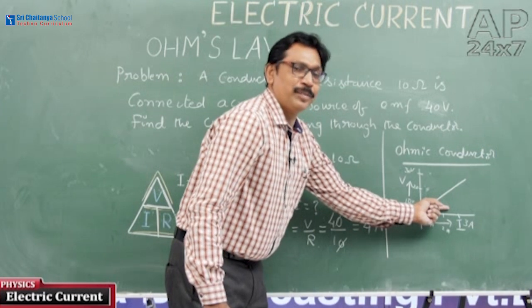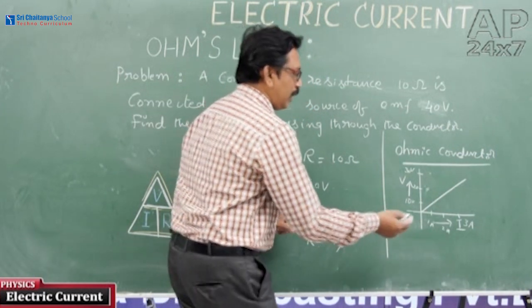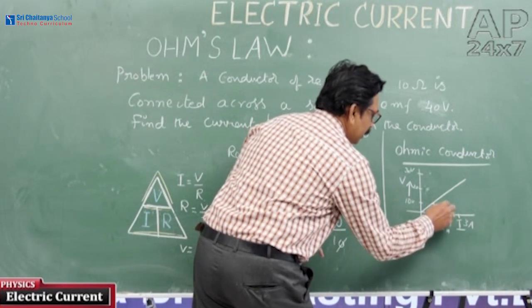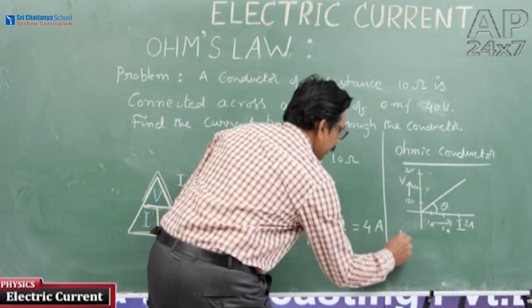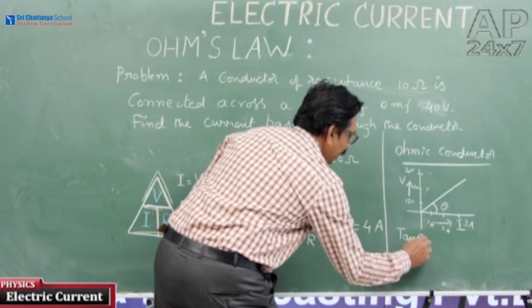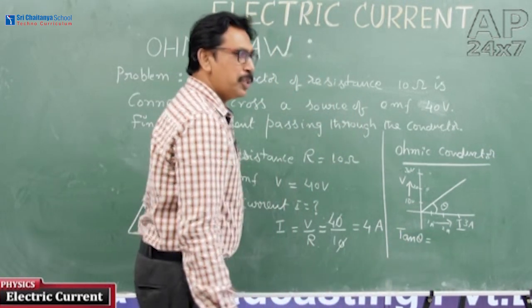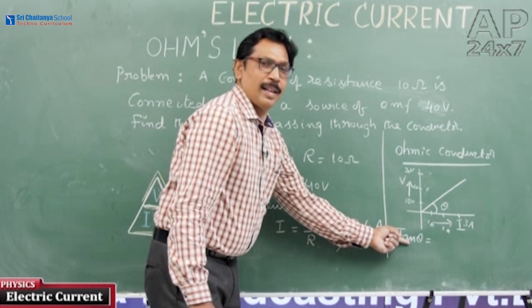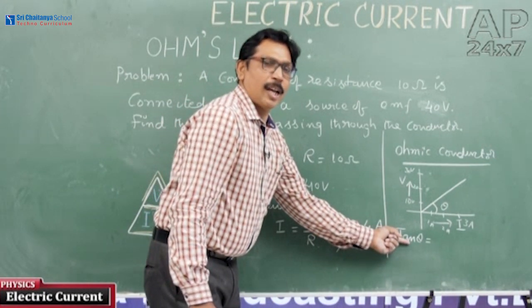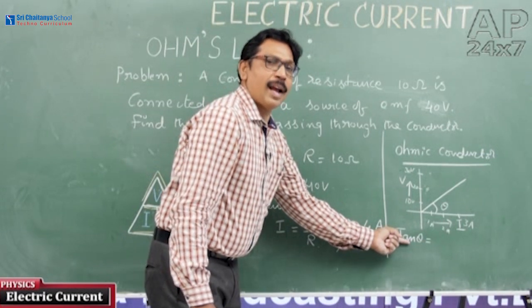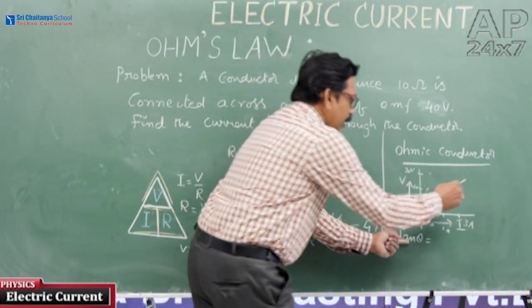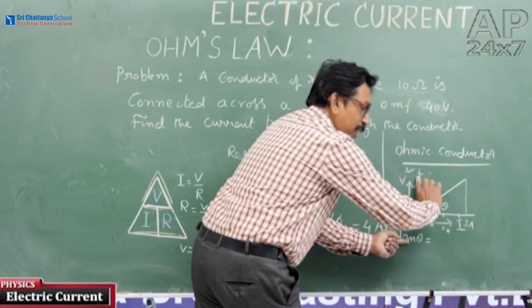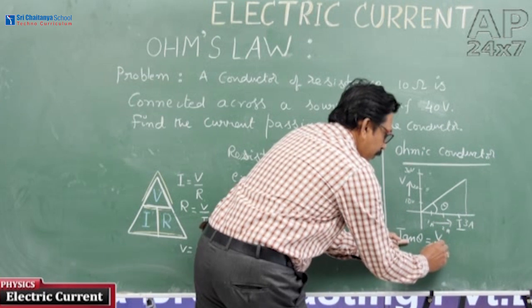Here is one more very important point you can understand. This is theta. Tan theta, students, you know very well, is opposite side by adjacent side. From this graph, the opposite side is exactly V, yes or no?